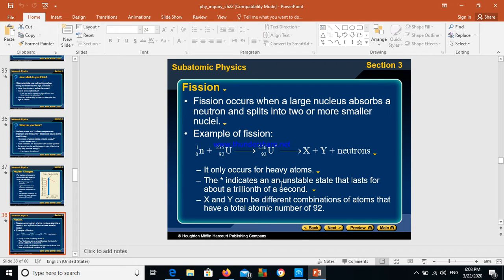The star indicates an unstable state that lasts for about trillionths of a second for heavy atoms.